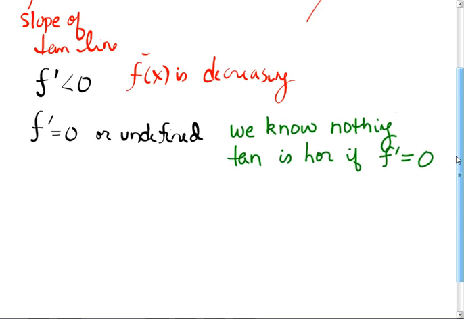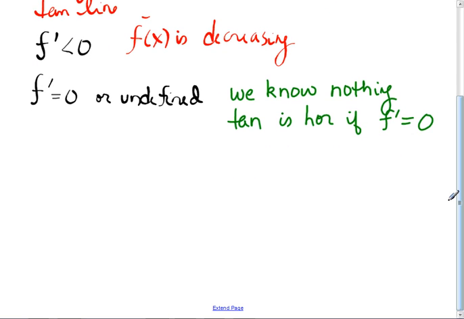So how would I get a max or min? How would I know I have a max and min? Here's an example where the derivative is 0, but I don't have a max or min, do I? Okay, Julian, how do I know if I have a max or min? Well, if I don't know, I'm going to draw the picture.